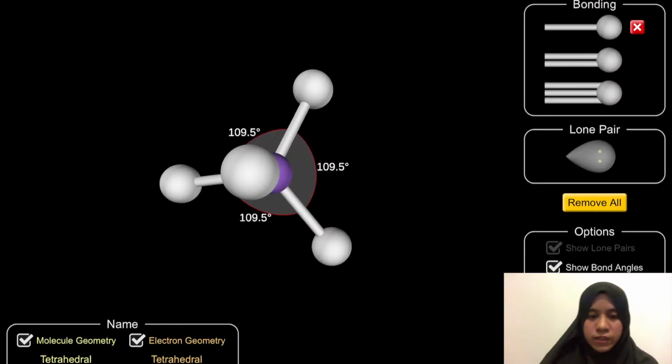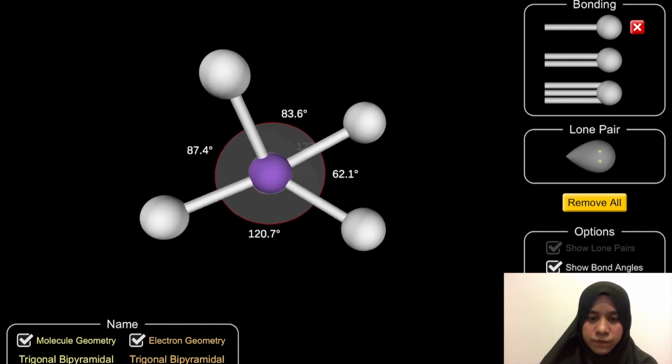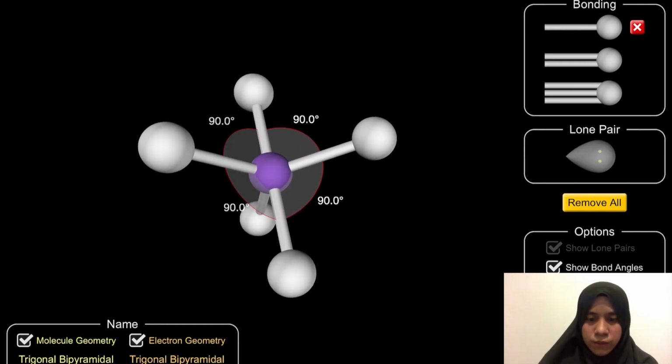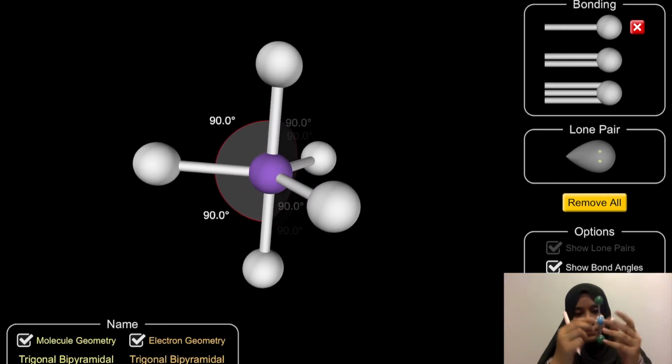Okay, so tadi ni tetrahedral. Miss nak tambah lagi satu. Kalau kamu tengok nanti, tada! Tiba-tiba dia tambah macam ni. Okay, so contohnya this is our straight one. Okay, ni jadi macam ni. Okay, kamu nampak ni between the green dengan white tu 90 degree.